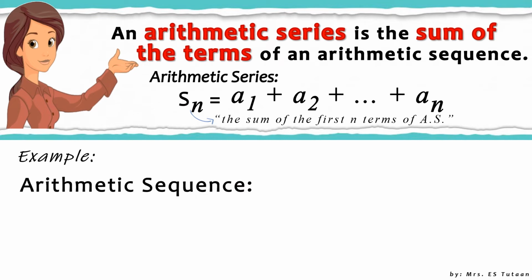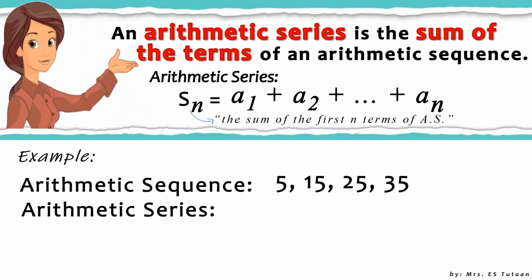Example, so ang ating arithmetic sequence ay 5, 15, 25, 35. So, ang ating arithmetic series ay S sub 4, so ibig sabihin yan, the sum of the first 4 terms of arithmetic sequence. So, bakit 4? Kasi dito sa ating given, meron lang naman tayong 4 na terms. So, first 4 terms.